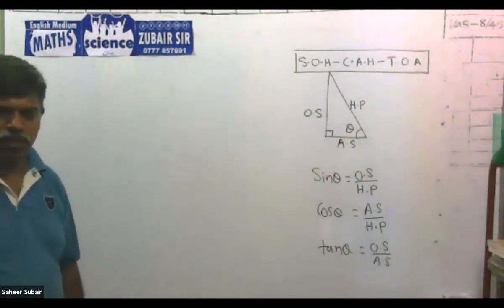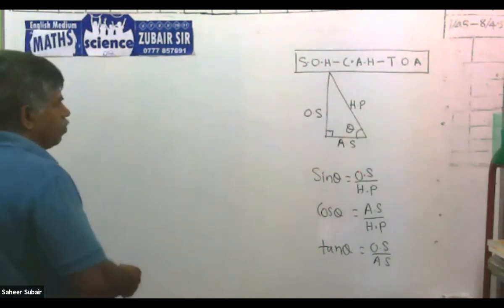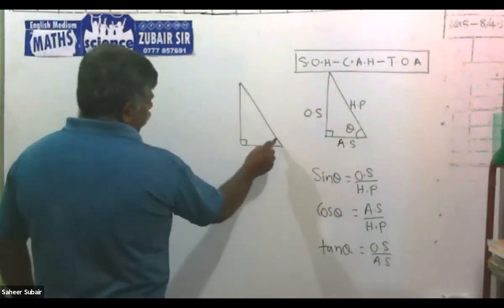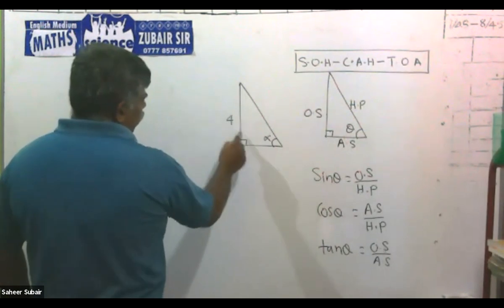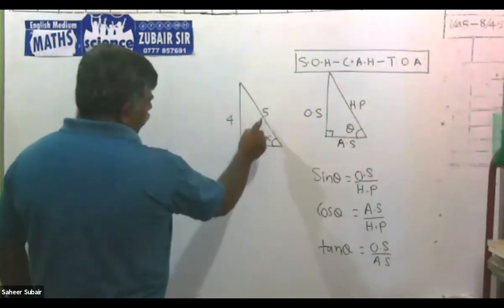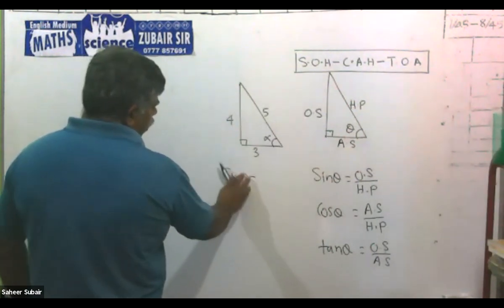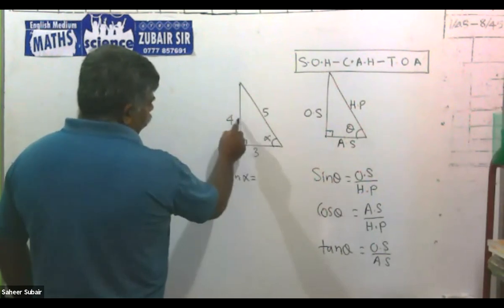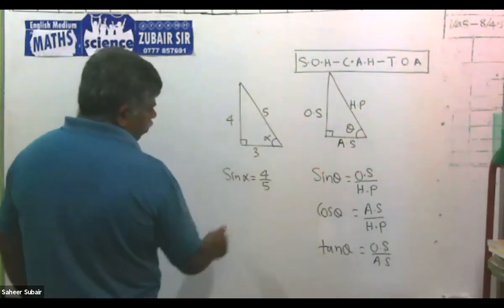In these relations you have learned how to write the ratios of the sides. For example, when they give one angle as alpha and this side is 4, this side is 3, this side is 5. Then what is sine alpha? Opposite is 4, hypotenuse is 5, so 4 over 5.